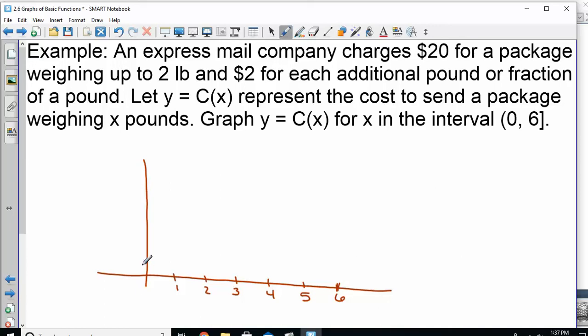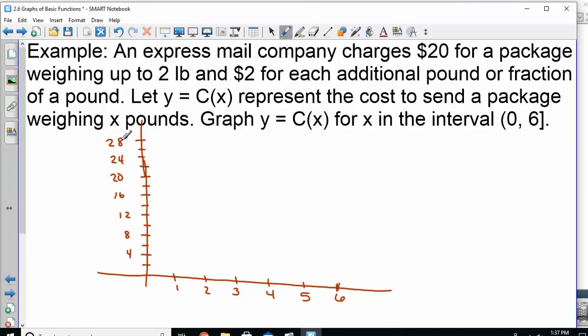I'm going to count by 2s, and I'll just label every other one. Hopefully I gave myself enough space there.